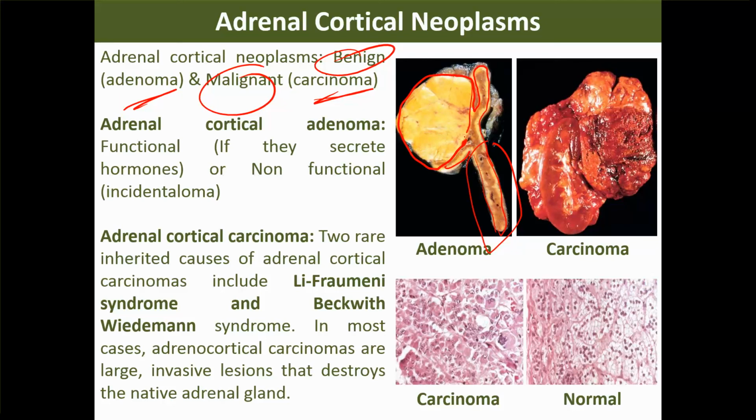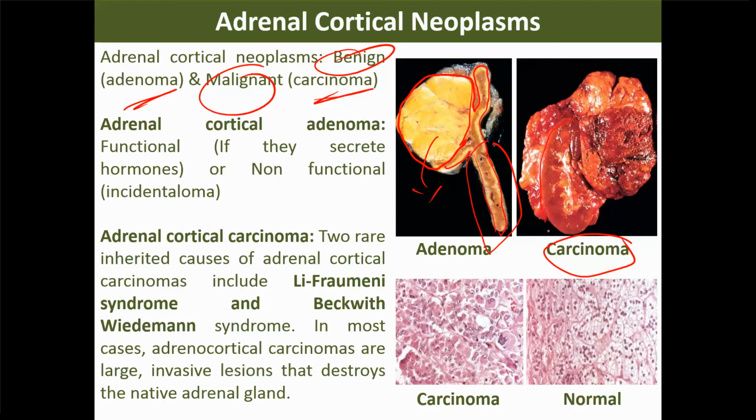You can put a circle here, a well circumscribed nodule, full of yellow color, which means it may be full of adrenocortical cells. They might be secreting some hormones or may not be. If they secrete hormones, they will produce a syndrome. If they secrete more cortisol, they produce Cushing syndrome. If they produce more mineralocorticoids, they produce hyperaldosteronism.